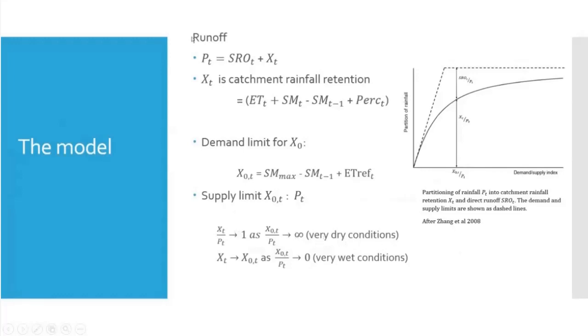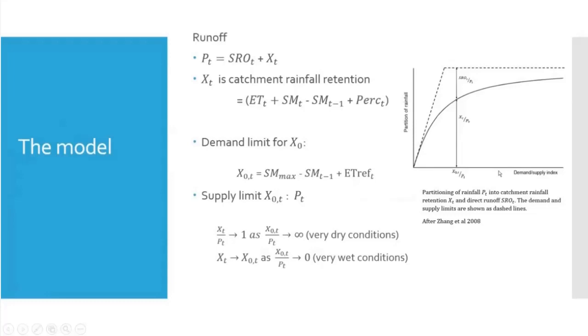So this is representing the ratio between the surface runoff and the precipitation, and the lower part representing the ratio of the catchment rainfall retention to precipitation. And this curve, the curve which we see in this graph, is represented using an equation which is as shown here.